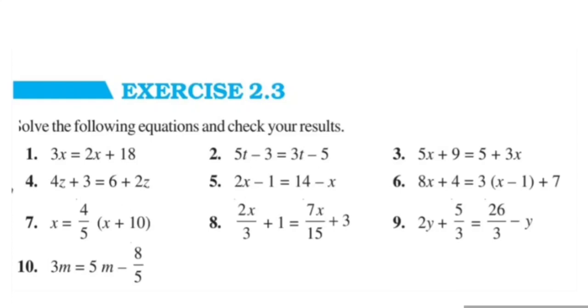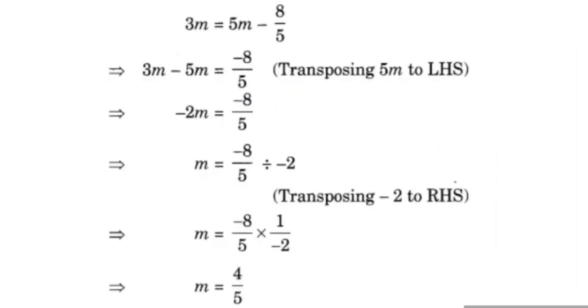Now see the question number 10. 3m is equal to 5m minus 8 upon 5. So this 5m we will transpose to the left hand side. So it will come 3m minus 5m is equal to minus 8 upon 5. 3m minus 5m is minus 2m is equal to minus 8 upon 5.